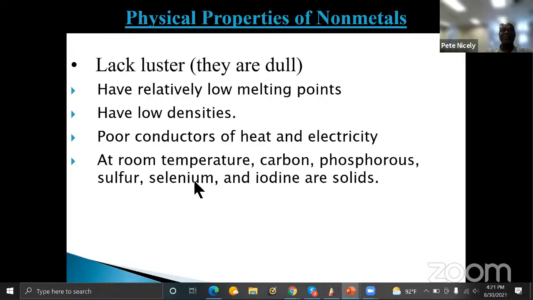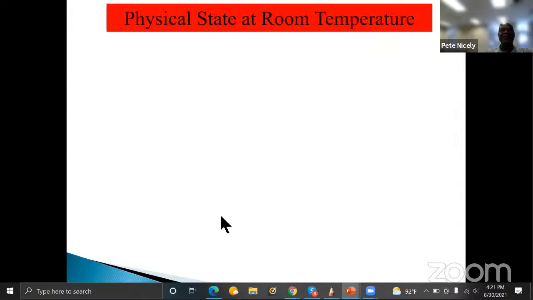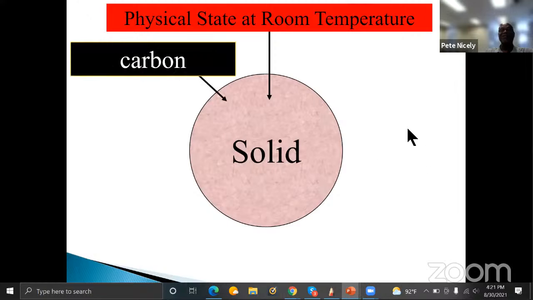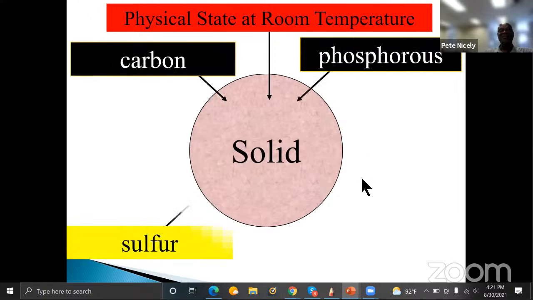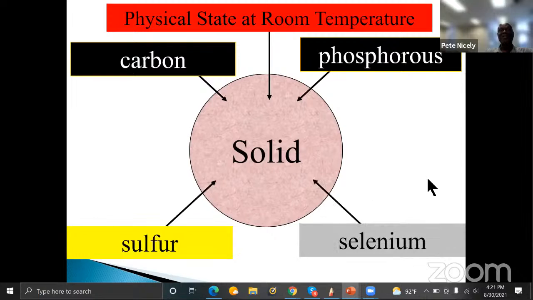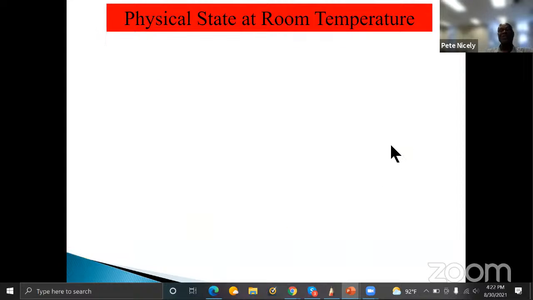Another property of nonmetals is that at room temperature, certain nonmetals, carbon, phosphorus, sulfur, selenium, and iodine are solids, all right? In fact, when you look at the type of nonmetals that exist in a solid state, these are the ones that we will observe. So these are 5 nonmetals that exist as solids under normal room temperature conditions.